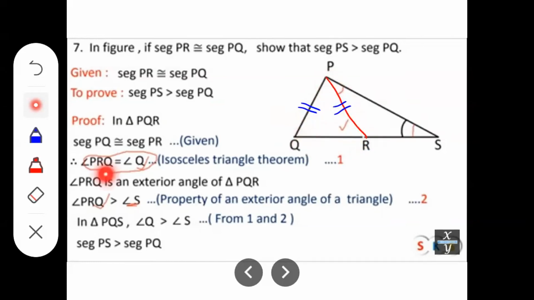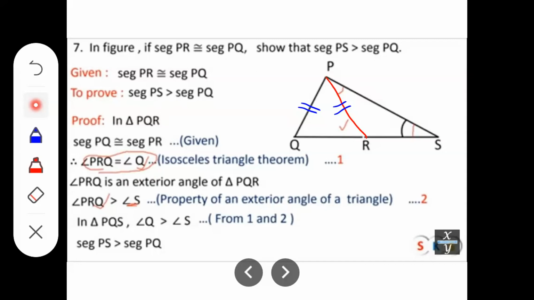Equation 1: angle PRQ is equal to the angle opposite to segment PR. PR is the side and the angle opposite to this side is here, angle Q.